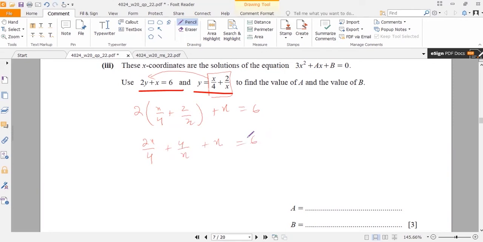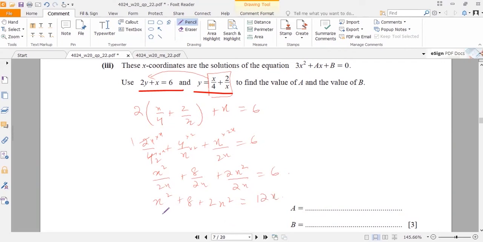Firstly, I need to make the denominator the same. So I need to multiply by 2x upon 2x. So it will be x squared upon 2x plus 8 upon 2x plus 2x squared upon 2x equals 6. Okay, so x squared plus 8 plus 2x squared equals 12x.